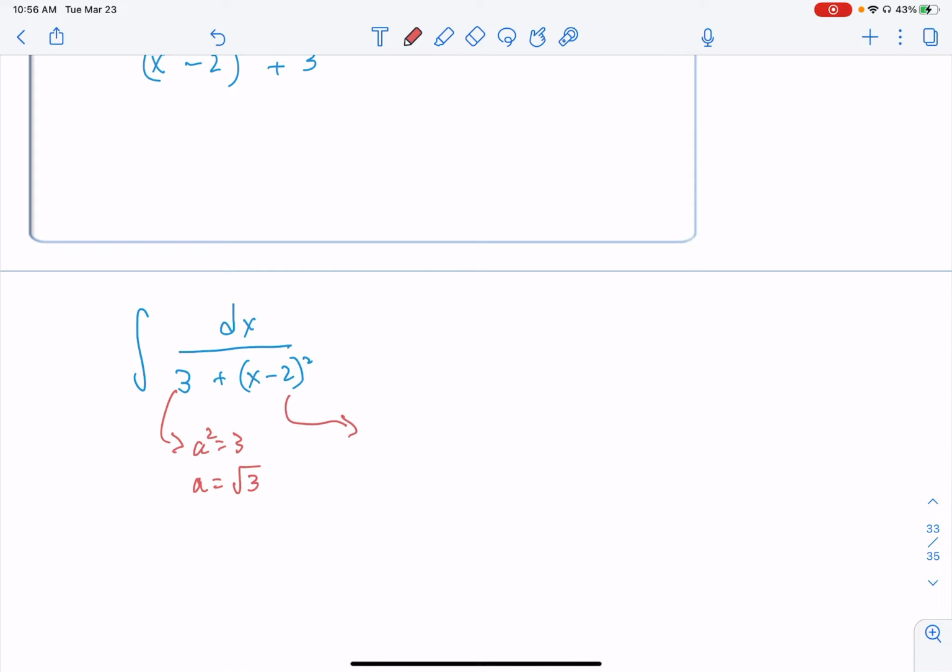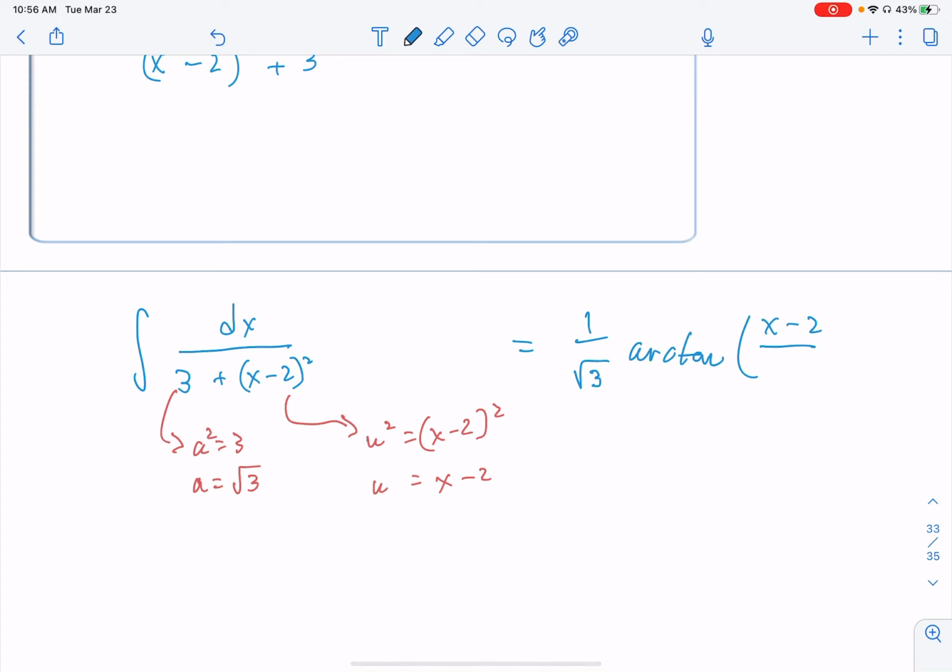And the x minus 2 squared is your u squared, so u is equal to x minus 2. Now we just throw everything into our antiderivative rule, and we would have 1 over a, so it's 1 over the square root of 3, times the arctangent of u over a. Our u is x minus 2, over the square root of 3.